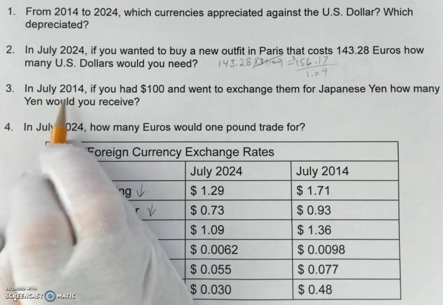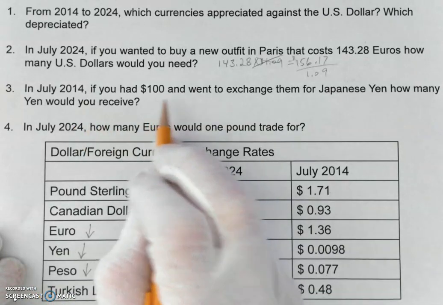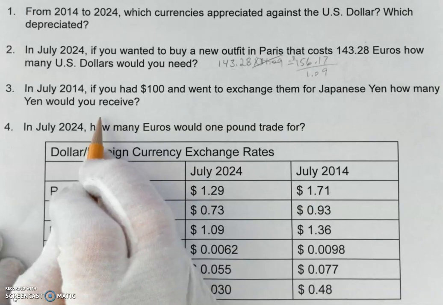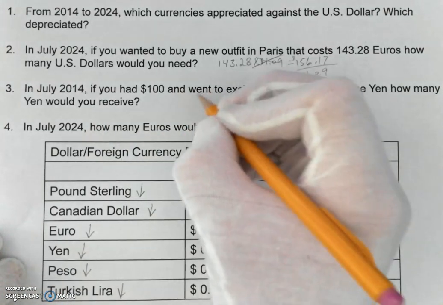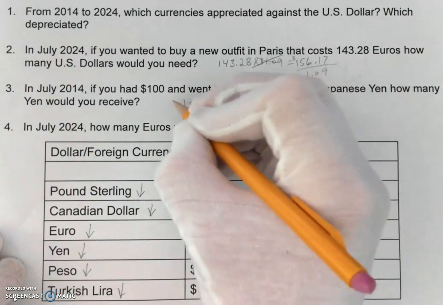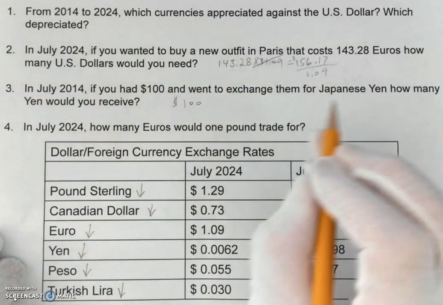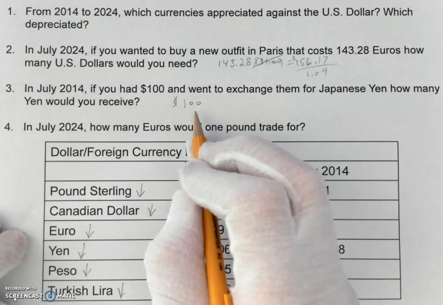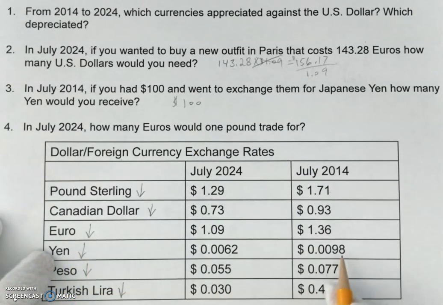The next one says, in July 2014, if you had $100 and went to exchange them for Japanese yen, how many yen would you receive? Well, again, we write down what we have. We have $100. But in this case, we're using that $100 to buy yen. So we go to yen, and it says, look at the 2014 number. Yen is 0.0098, just under a penny per yen.